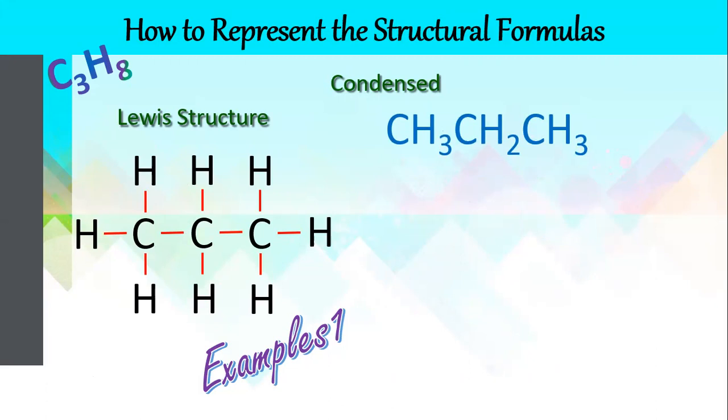So a Lewis structure gives us a little more information because we actually see exactly how the atoms are bonded to each other. These are all very helpful, except that it takes a really long time to draw, and we are only looking at a 3 carbon chain, right? Now, imagine if you have to draw the same thing for a molecule like octane, which is 8 carbons long, or decane, which is 10 carbons long.